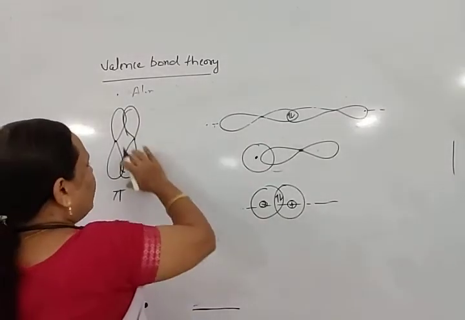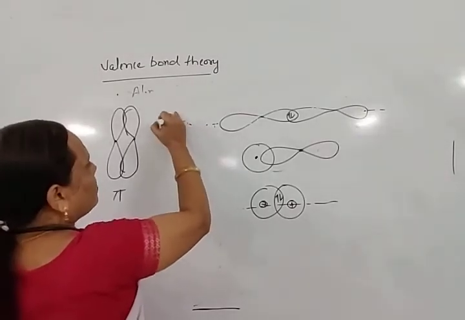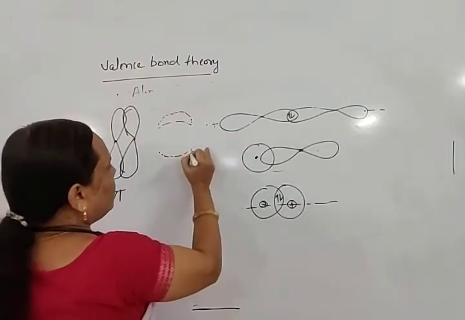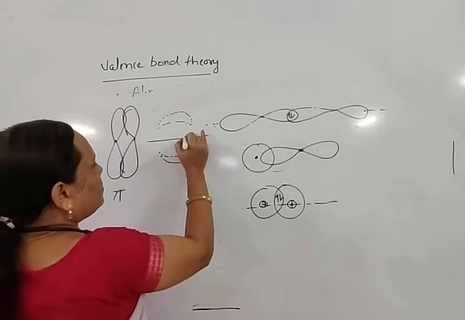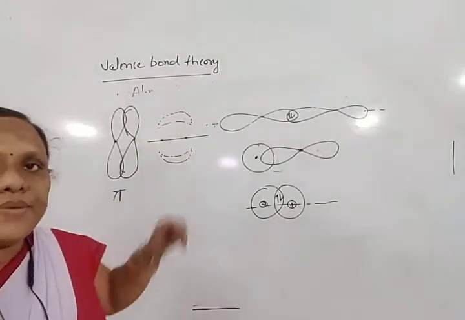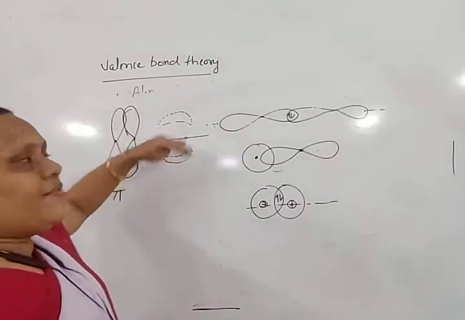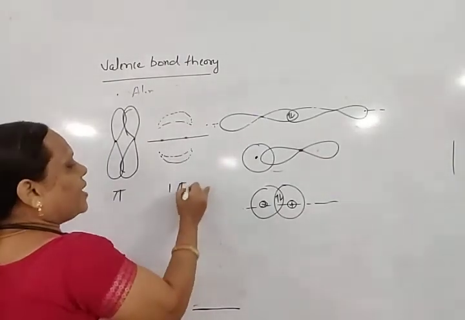As a result, a pi bond is the combination of two electron clouds. Here is one electron cloud and here another electron cloud, and the internuclear axis is in between them. This combination of two electron clouds above and below the internuclear axis gives one pi bond.